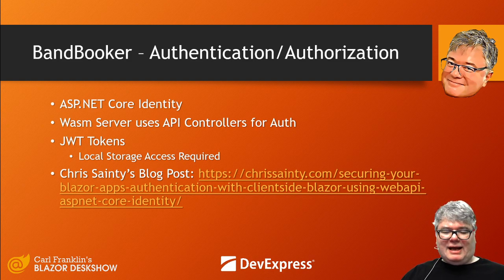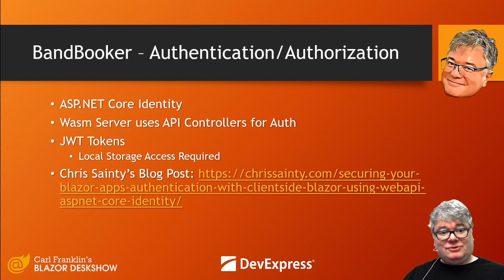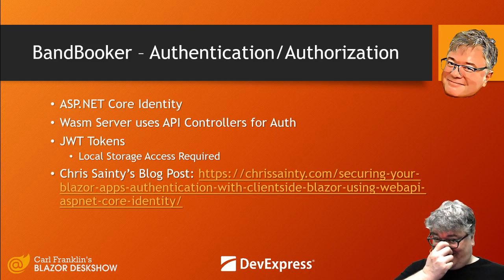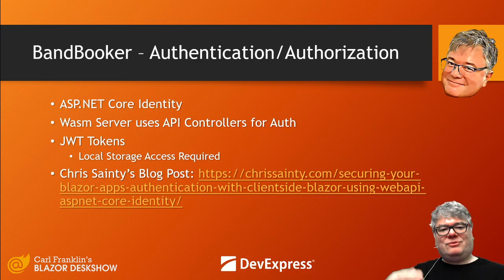He basically, first of all, let me back up a little bit. There is authentication built in now to the WebAssembly preview and also to the Blazor server template. And that gives you the default UI, and it uses cookies, I think, by default. But in order to do your own UI for registering and logging in, because let's face it, I might want to have some different stuff there, you really have to roll your own.